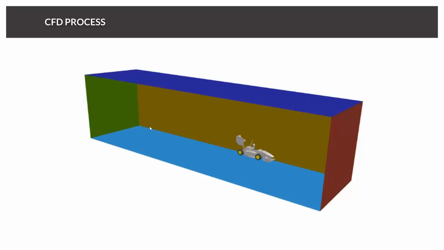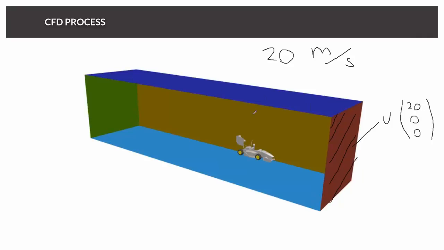I don't know how the flow field at, let's say, 20 meters per second will look like around the car. But there are some things I definitely know. One is that if the inlet velocity is 20 meters per second, on this red surface the velocity vector is looking like this for every cell.